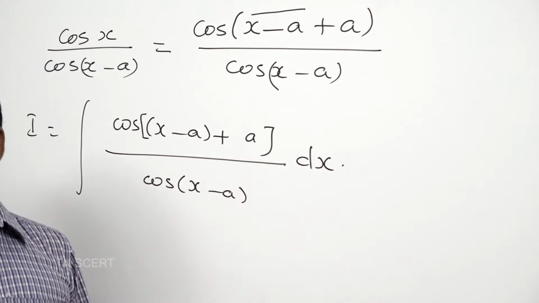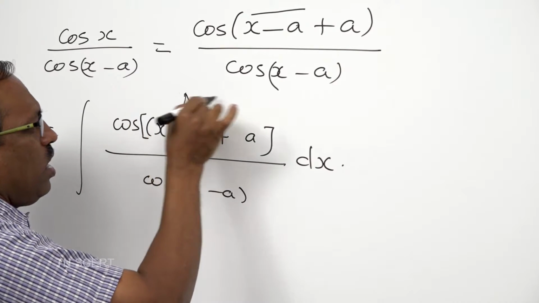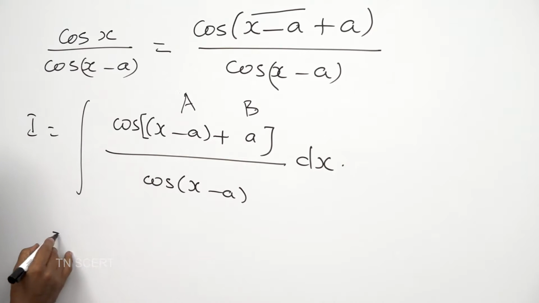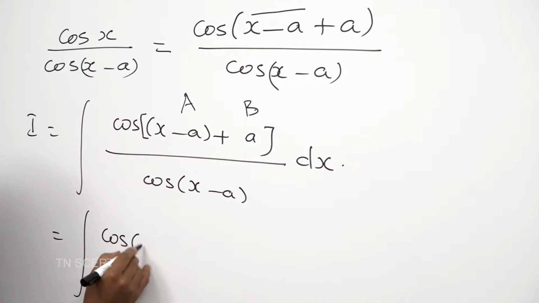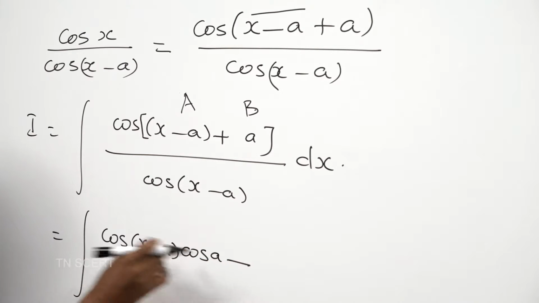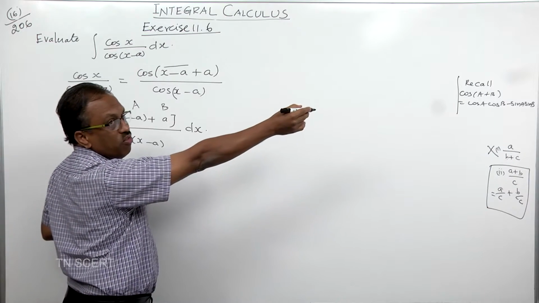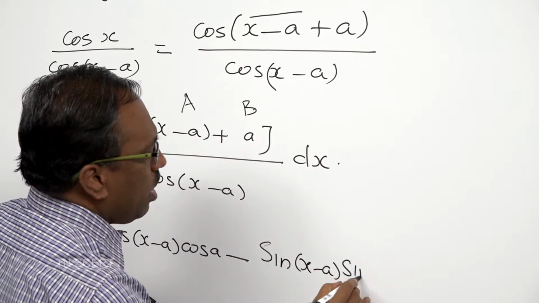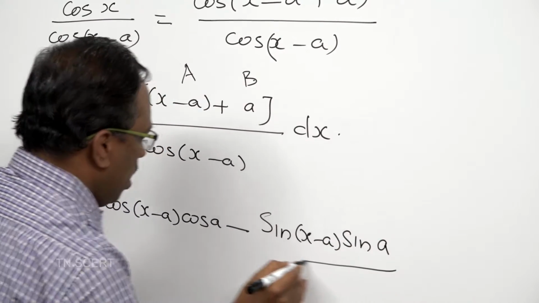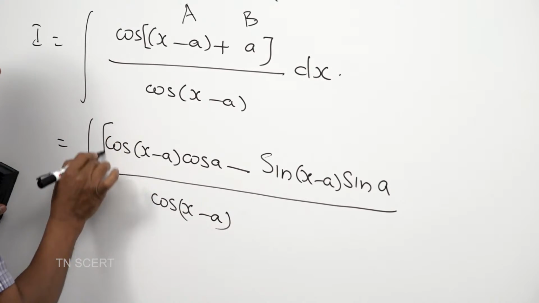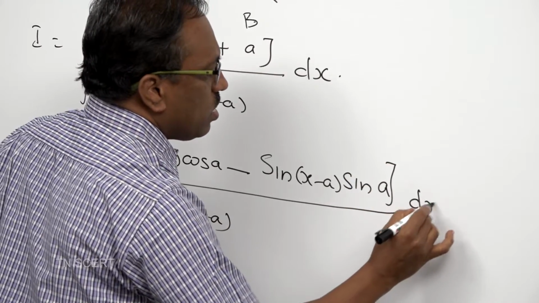Remember, this is the one. This is nothing but a, this is nothing but b. Cos of a plus b, cos a cos b minus sin a sin b, that helps. Cos of x minus a cos a minus sin of x minus a sin a, over cos of x minus a, with dx.